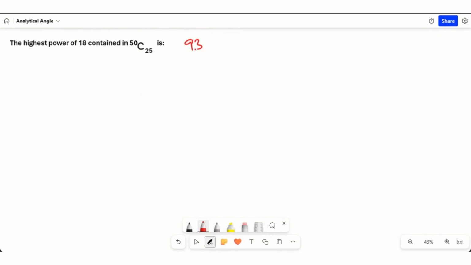From the book Tomato. The question says: the highest power of 18 contained in 50C25 is. So for this question we first write 50C25 as 50 factorial by 25 factorial 25 factorial, by using the formula nCr.